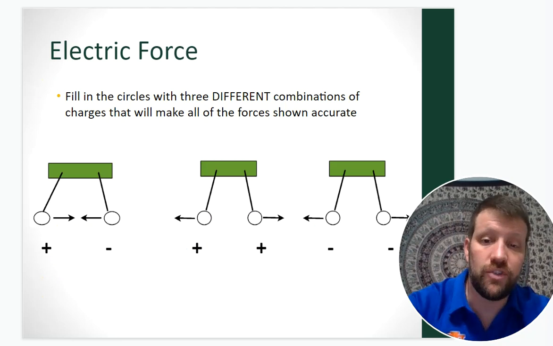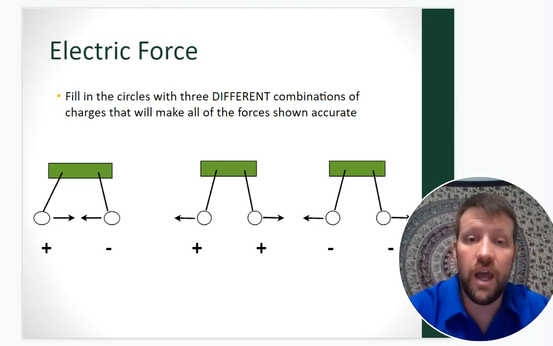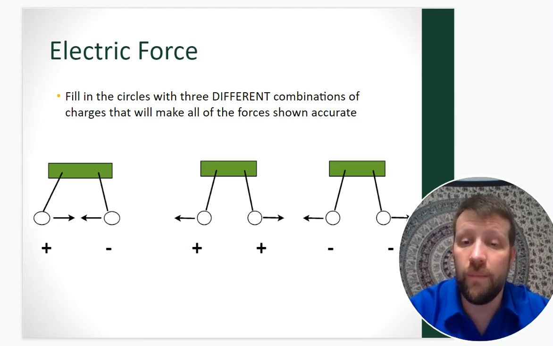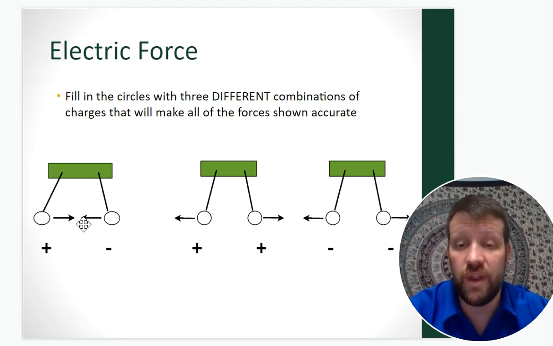So, jumping back into the electric force. Right here, I would have potential ways for us to fill in these different ones, but a quick reminder: opposites attract, and so we see our force of attraction. Likes repel. In the case of this right here, this force is working on this object because of the negative charge over here.